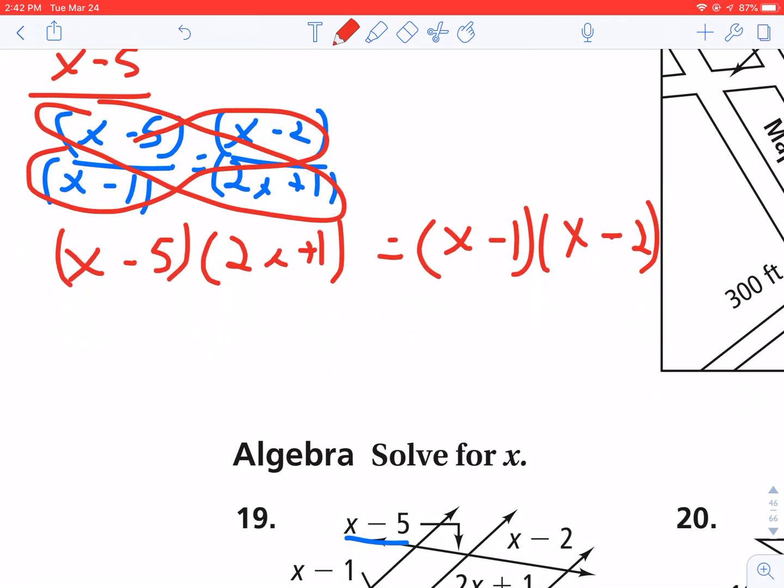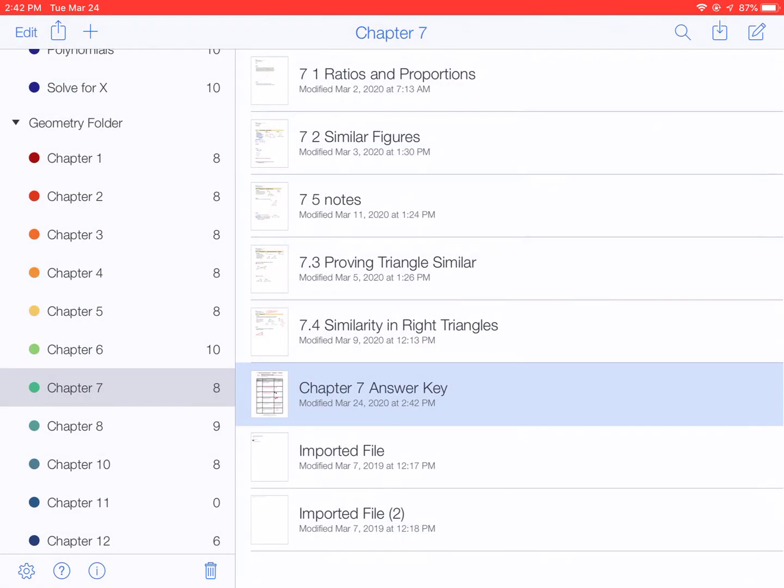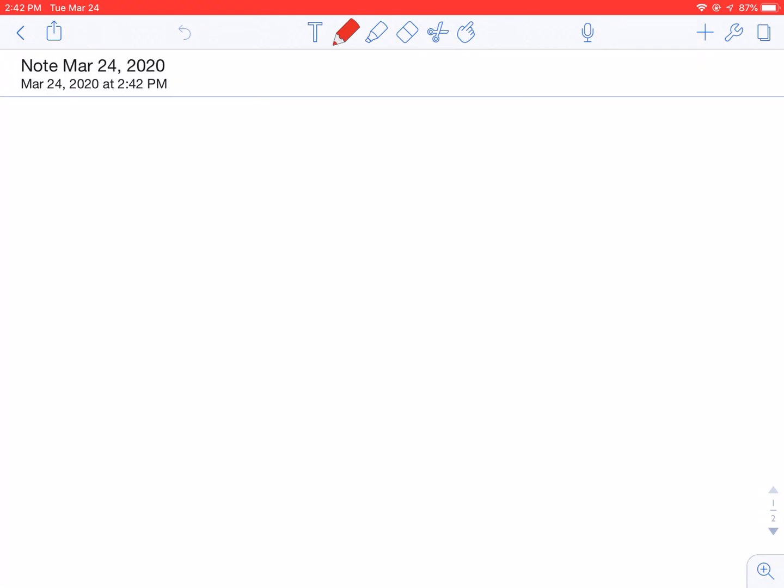We're limited on space here, so I'm going to go to a blank document, and this way I can do the work and have plenty of room.